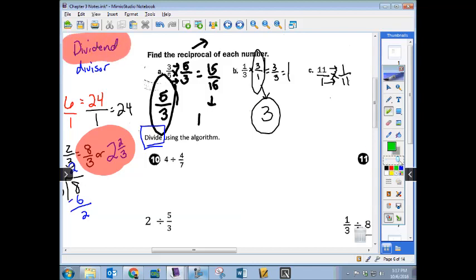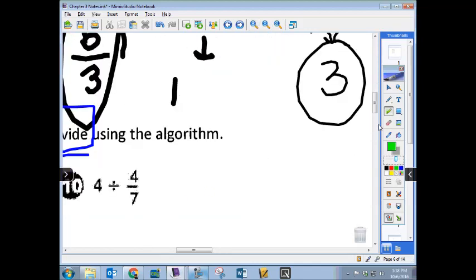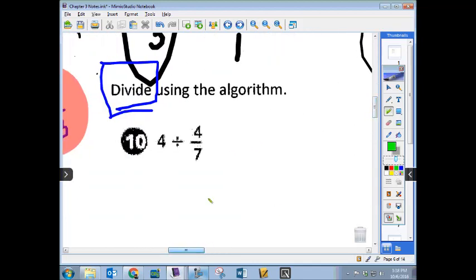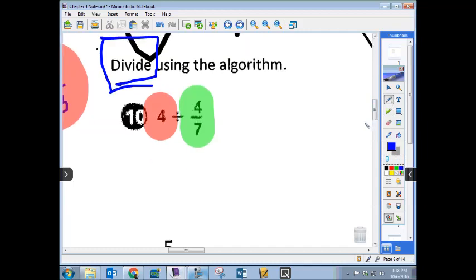I'm going to do the divisor in green. So like this first one, the number that's being divided, well, just say it. 4 divided by 4/7, then I know that this 4/7 must be my divisor, and the 4 must be my dividend.